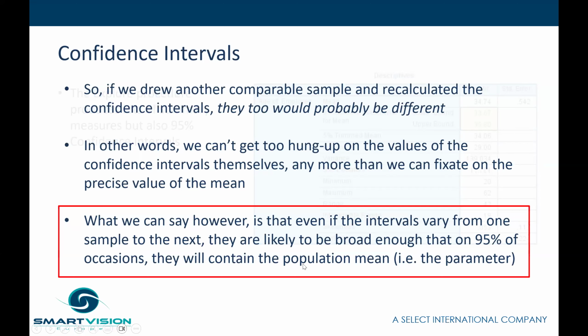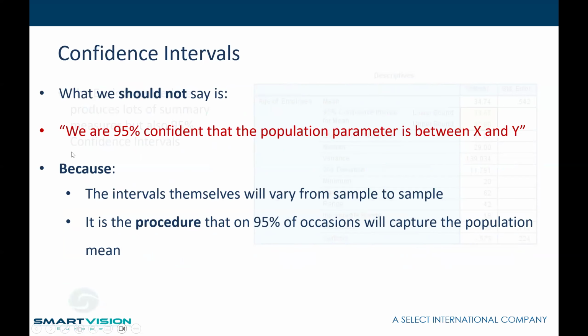And I'm being really careful about this because this is one of the most commonly misinterpreted statistics out there, to the extent that I used to Google this live in the webinar, and the first hit you'd get was exactly the wrong interpretation of confidence intervals. What we cannot say is that we are 95% confident that the population parameter is between X and Y. It might be very tempting to say that.